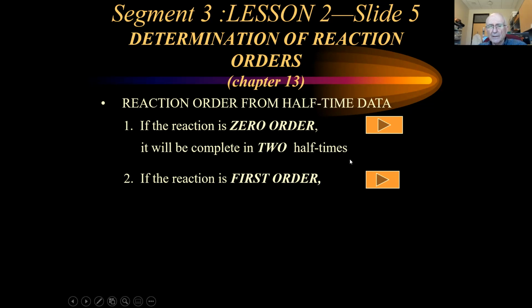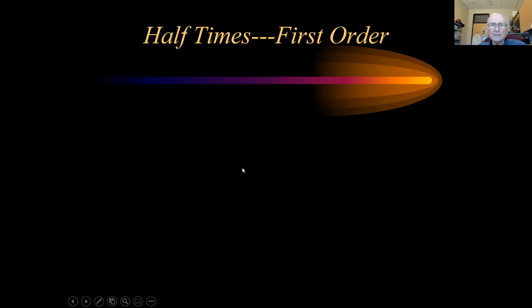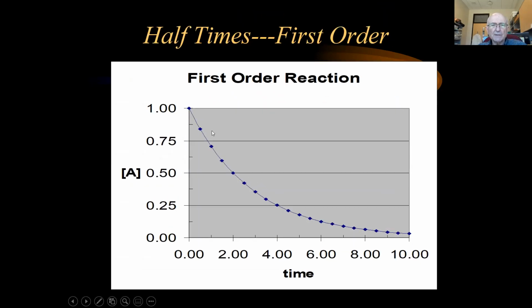Now let's look at first order reactions. This is synthesized data that is accurately calculated from a real first order kinetic reaction. We start at some concentration. I'm calling it 1. It's 100% of what we started with.